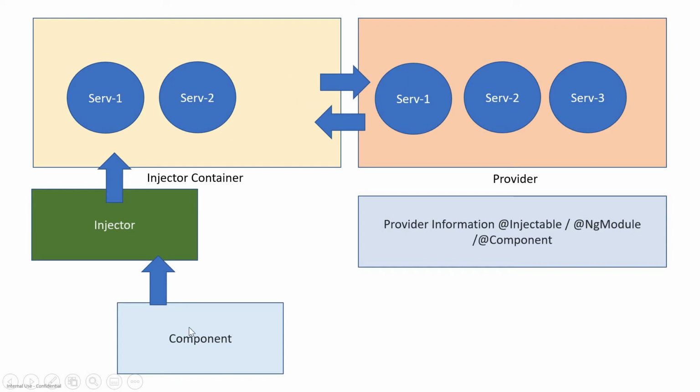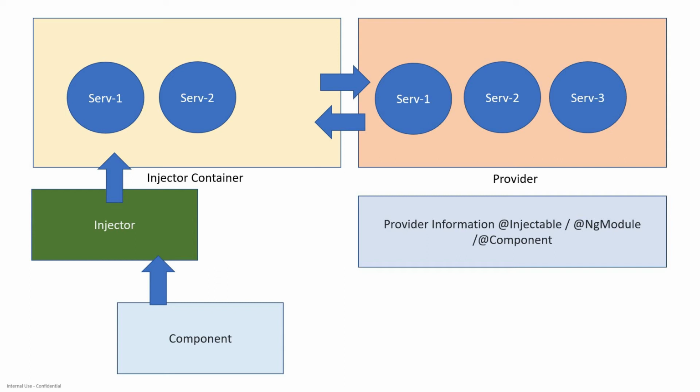Okay, so when one component tries to utilize service 3, it goes to the injector container and will not find it. So it goes to the provider and checks for it. The provider tells the injector how to create an instance for this dependency, right?